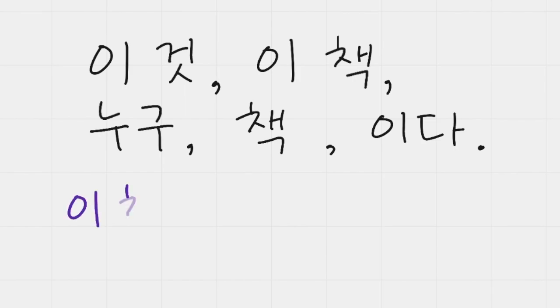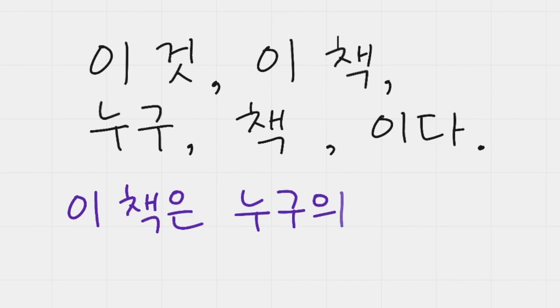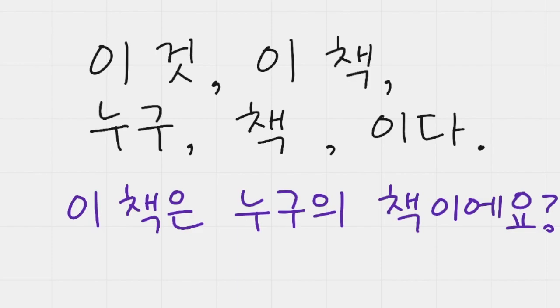이 책은, this book. But I want to say, as for this book. That's why I like to use topic, right? So 이 책은 whose, 누구의 책이에요. 이 책은 누구의 책이에요?